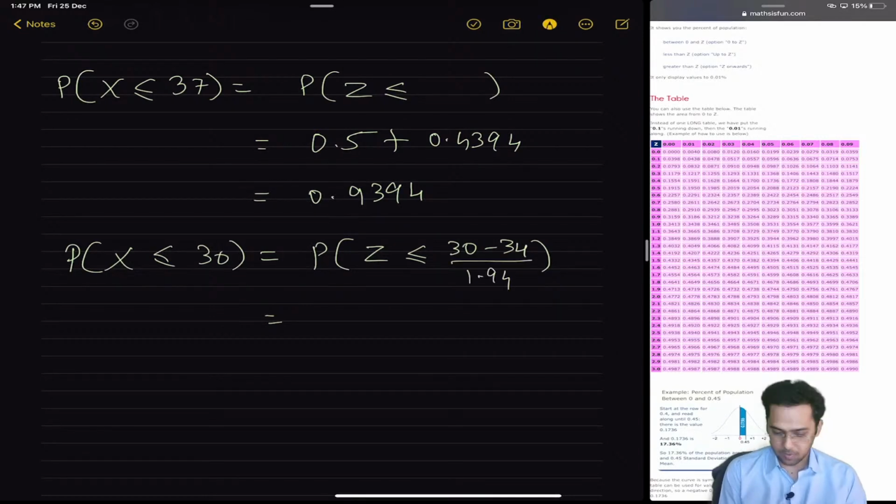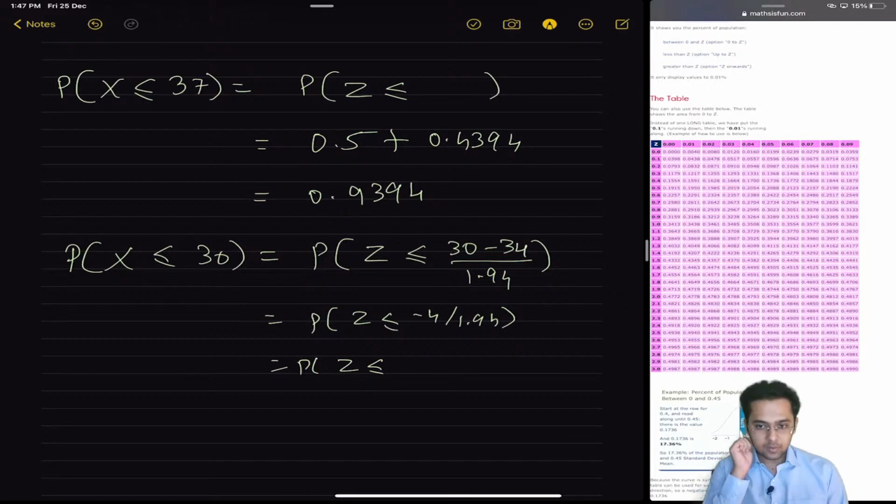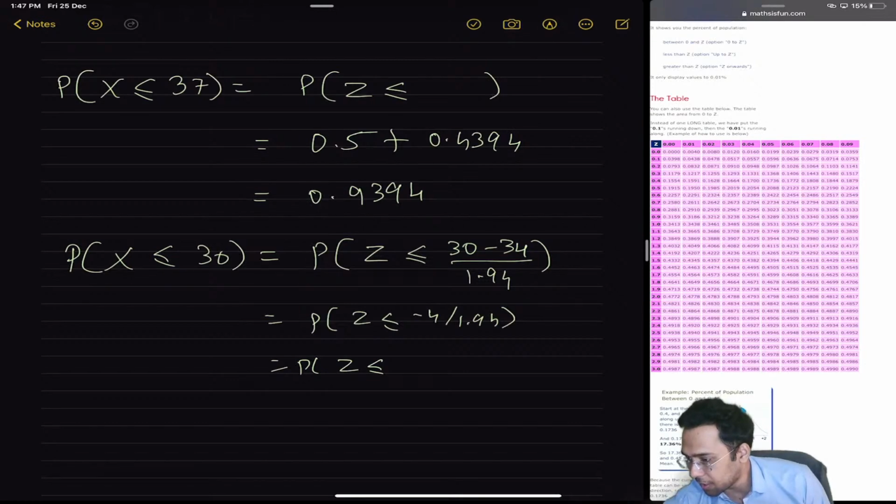So that is z less than or equal to minus 4 divided by 1.94. How much is it?